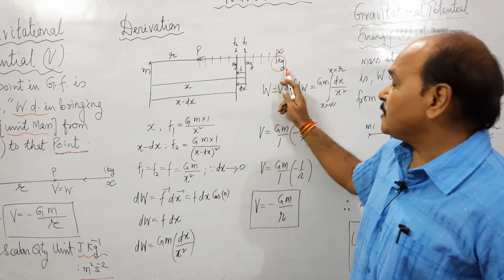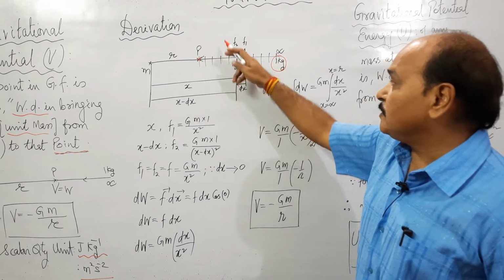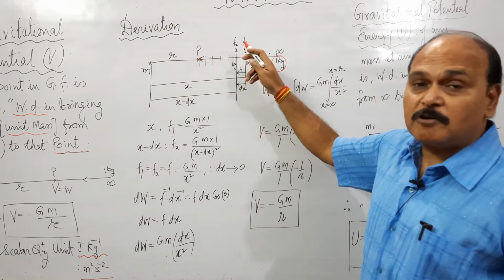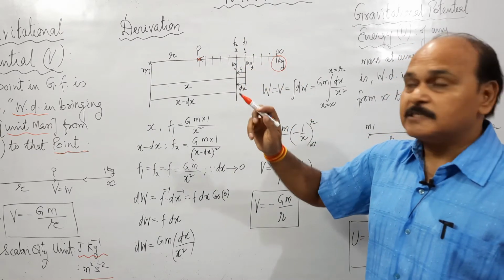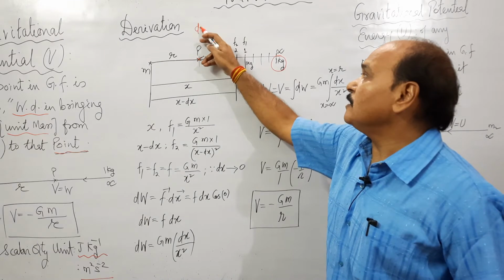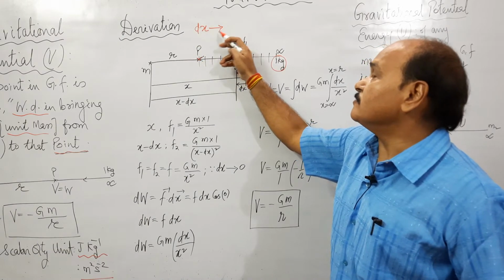This is total displacement. We divide this total displacement into infinite number of infinitesimally small displacements dx each. dx is so small such that it tends to 0.